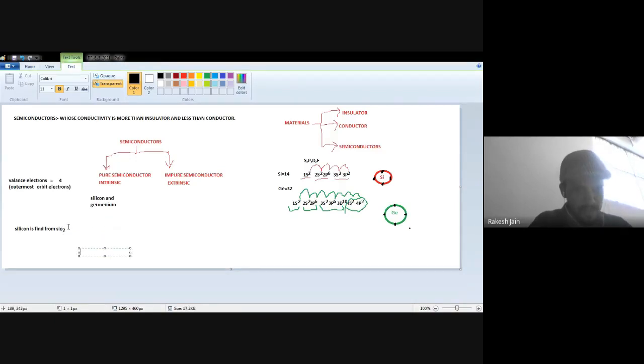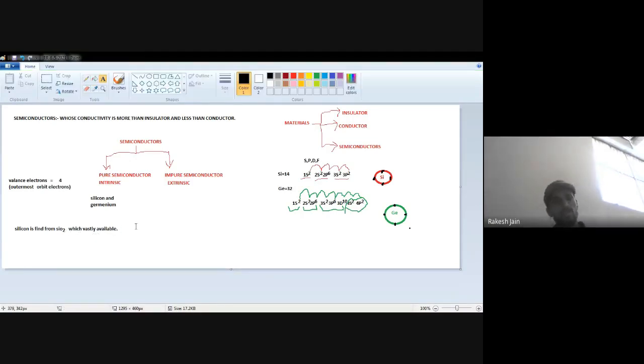Silicon is found from silicon dioxide, which is available in very excessive quantity. So due to the vast availability of silicon dioxide, we can easily find silicon. This is one reason why silicon is preferred over germanium. The other reasons are temperature handling capability, durability, power handling capability, and so many other reasons are also available.